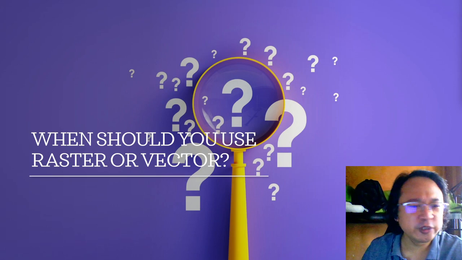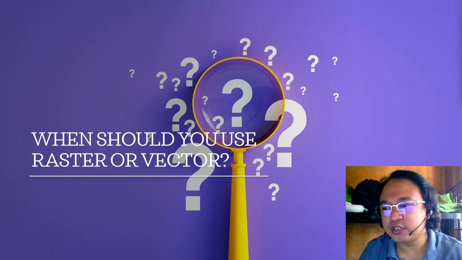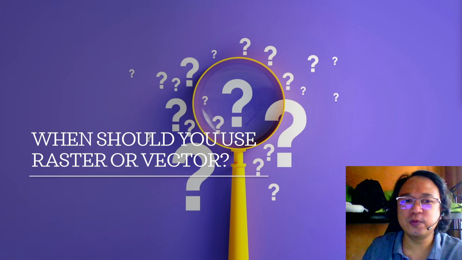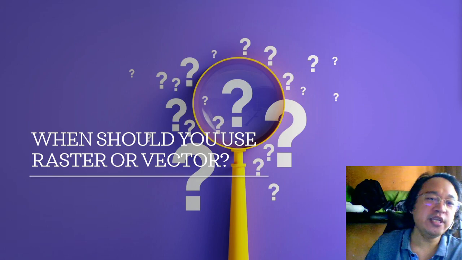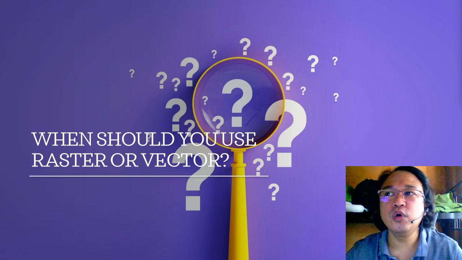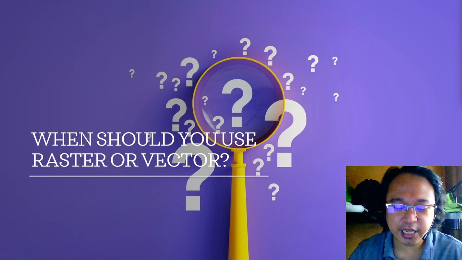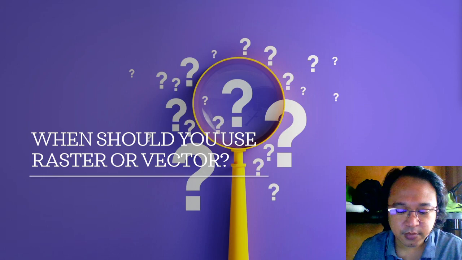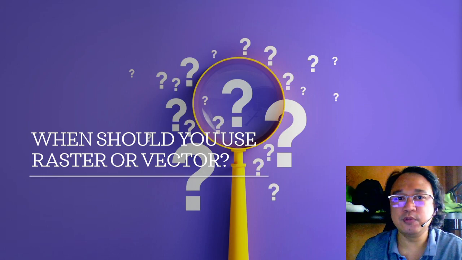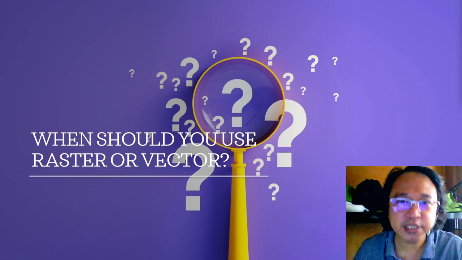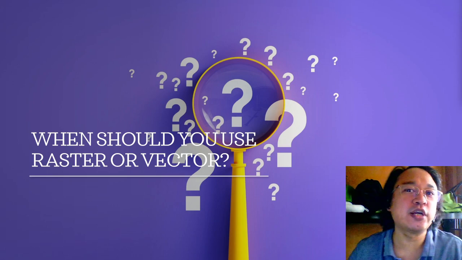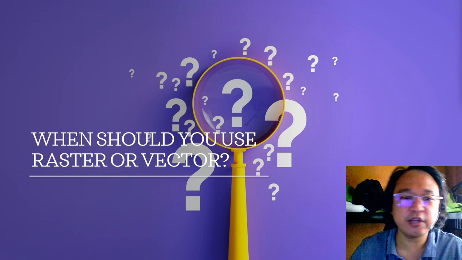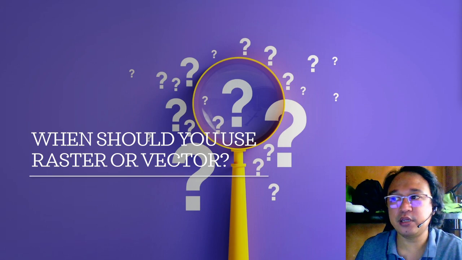So when should you use raster or vector? In our point of view, the most possible is Photoshop. Although, as we all know, Photoshop is more likely for image manipulation. It's mostly image manipulation, but most artists using Photoshop make their vector there, which is not recommended, but you can use it for vector.